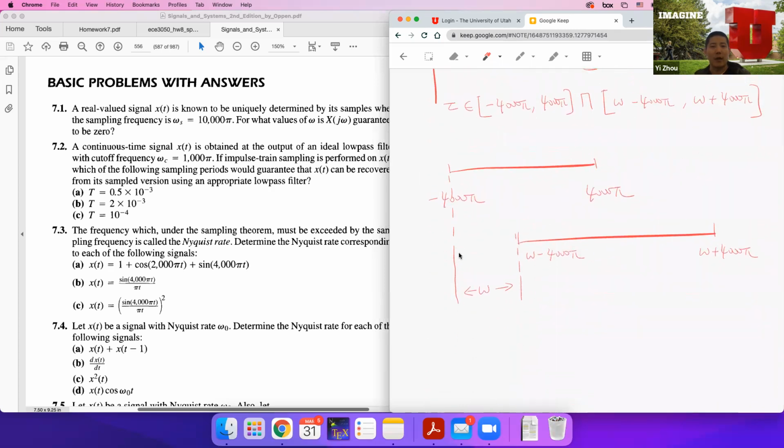And the values of omega such that the two intervals have a non-empty intersection is when omega is between negative 8,000 pi and 8,000 pi.